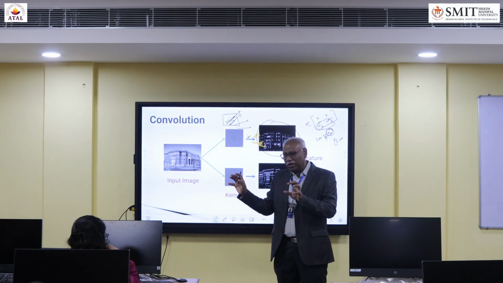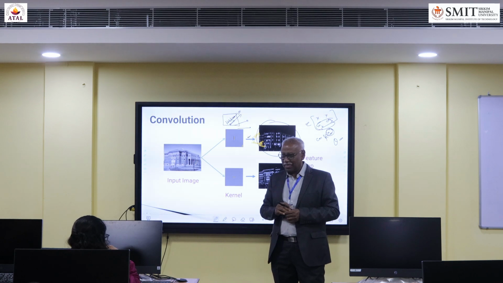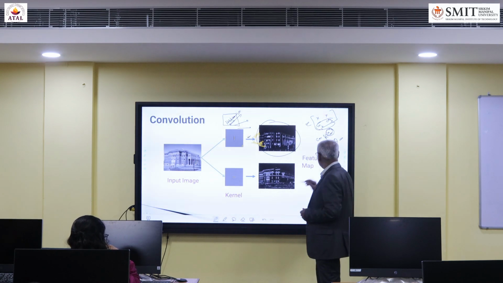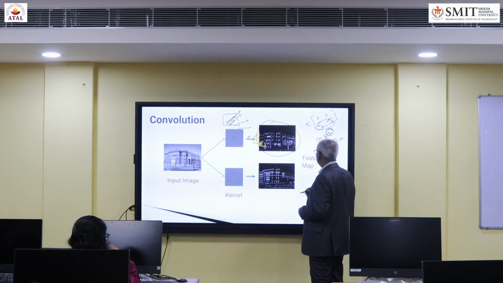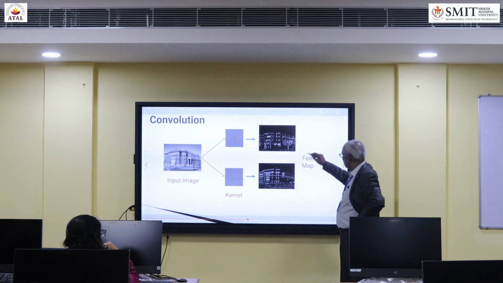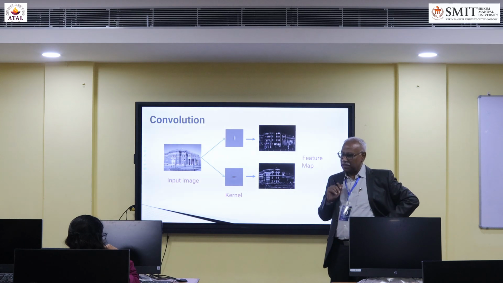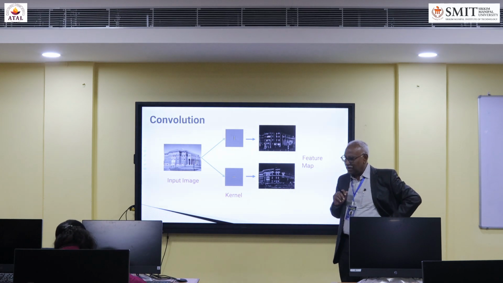And that is what will distinguish between the different images. Okay, so that is how you get this. And what you get is what is called a feature map. Every kernel gives you one feature map.